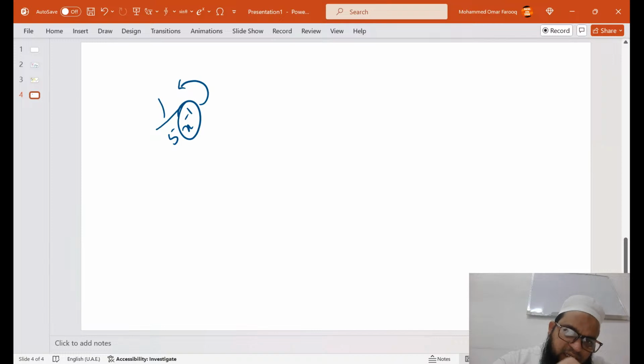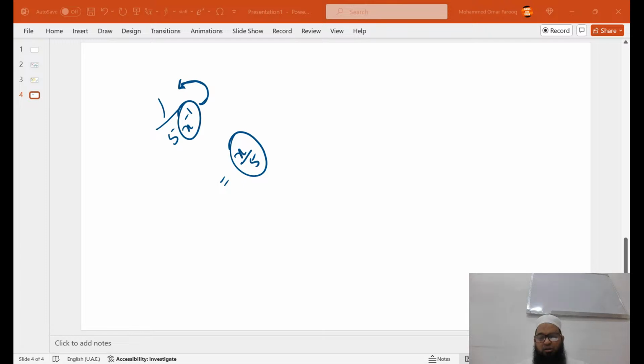We have studied that if you have a negative exponent, you transform it into numerator, it will get positive x by 5. Now tell me, is x by 5 a polynomial or not? It is a polynomial.